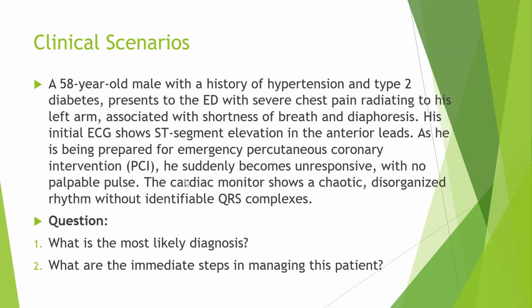Yes, we know that this patient has an MI, and that's why emergency percutaneous coronary intervention was being prepared. But before he could get that done, he became unresponsive with no palpable pulse. And at this point, the ECG does not only show ST elevation, it shows a chaotic disorganized rhythm.